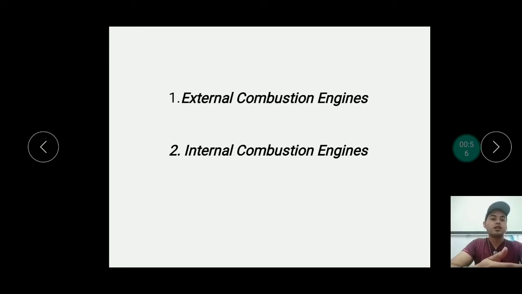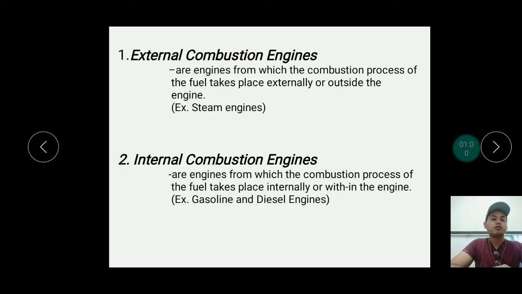External combustion engines are engines in which the combustion process of fuel takes place externally, or outside the engine, like for example the steam engines. While internal combustion engines are engines in which the combustion process of the fuel takes place internally, or within the engine. For example, the gasoline and the diesel engines.